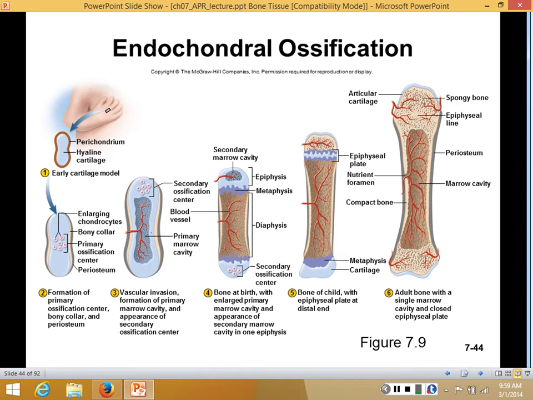The epiphyseal line is going to be left behind when you stop growing, right? But remember this, in order for the epiphyseal line to be left behind, that cartilage has to be completely gone. And step number 5. There has to be no cartilage there in order for the line to be left behind. Okay?